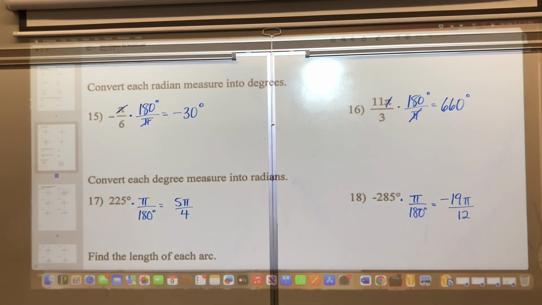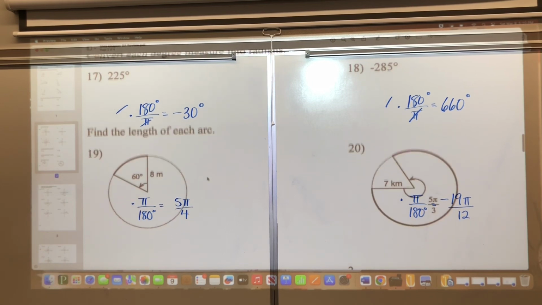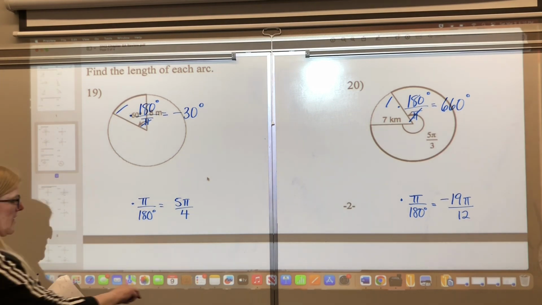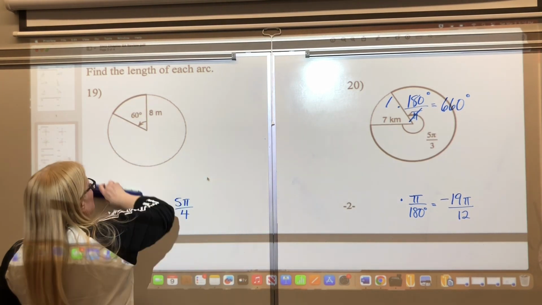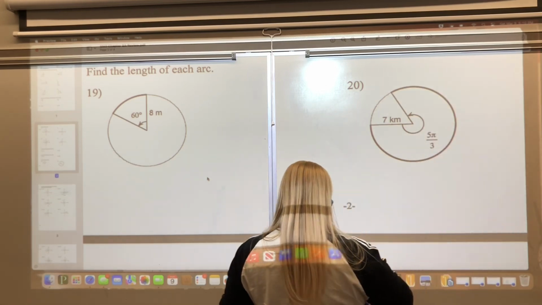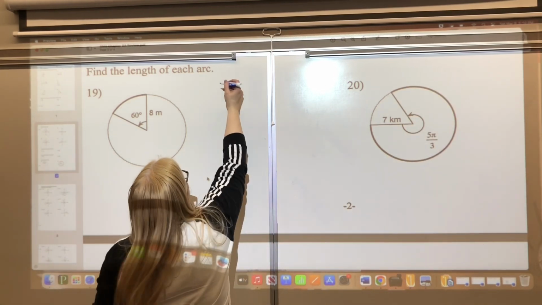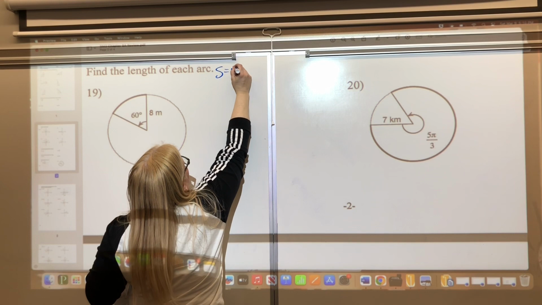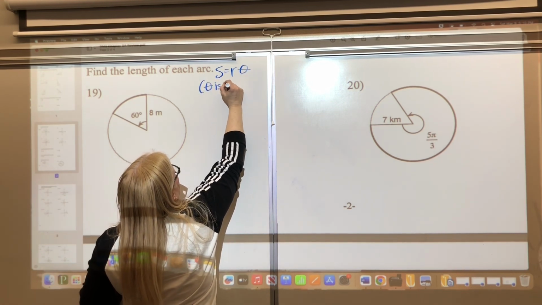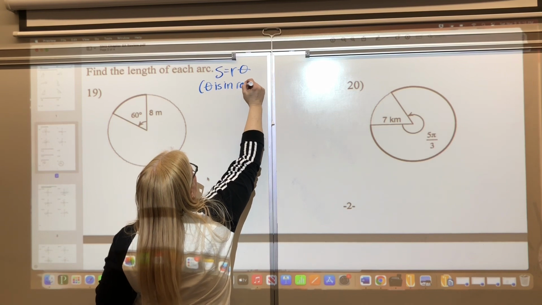Find the length of each arc. You will need the formula S equals the radius times theta, and theta is in radians.